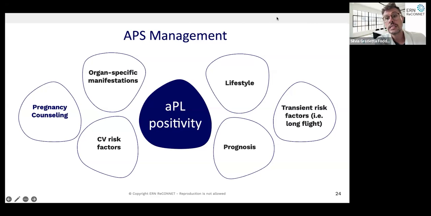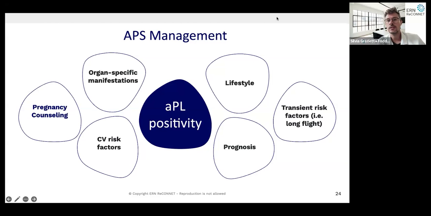There is a lot that the patient and the doctors should do, mainly focusing on the lifestyle of the patient and on the cardiovascular risk factors that can be modified.